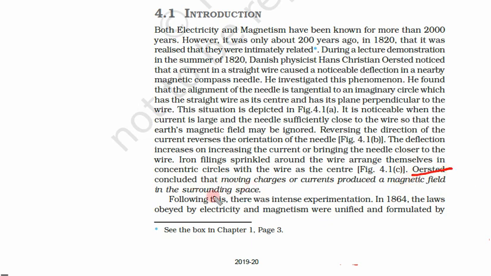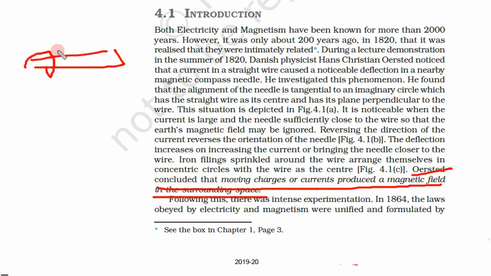So Oersted concluded that moving charges or currents produce a magnetic field in the surrounding space. A very simple example of this is that when you flow some current in a wire, you take a nail and wrap some wire around it. When you flow current into this wire, this nail becomes magnetic.